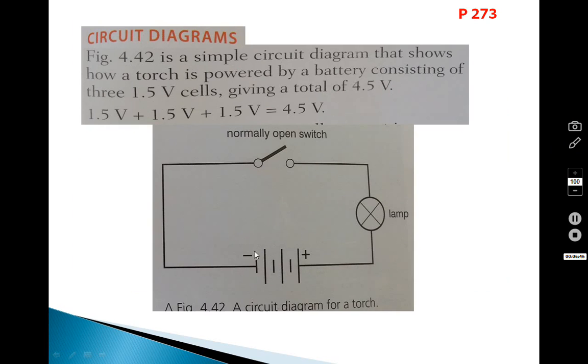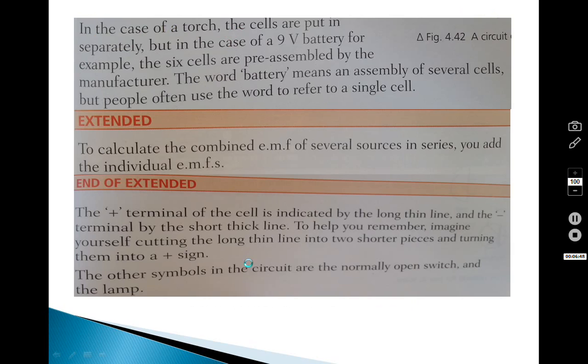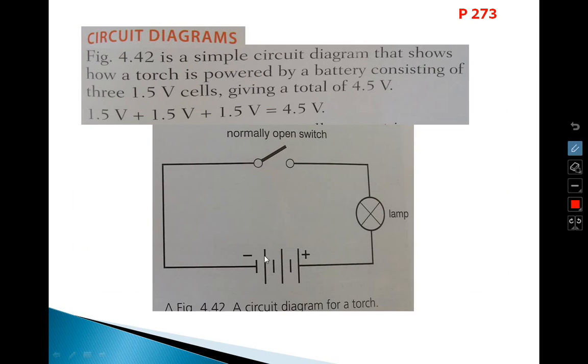This is the first one, positive and minus, sorry. This is the first one and this is the second one. They are connected in series, and this is the third one. So the total value is V1 plus V2 plus V3, or EMF1 plus EMF2 plus EMF3.